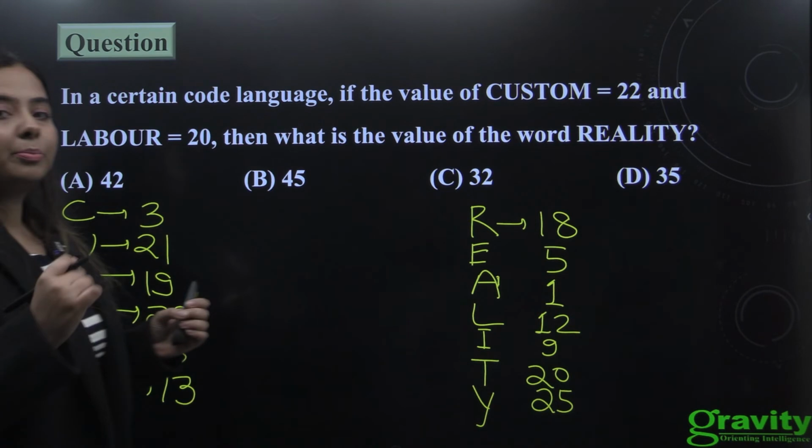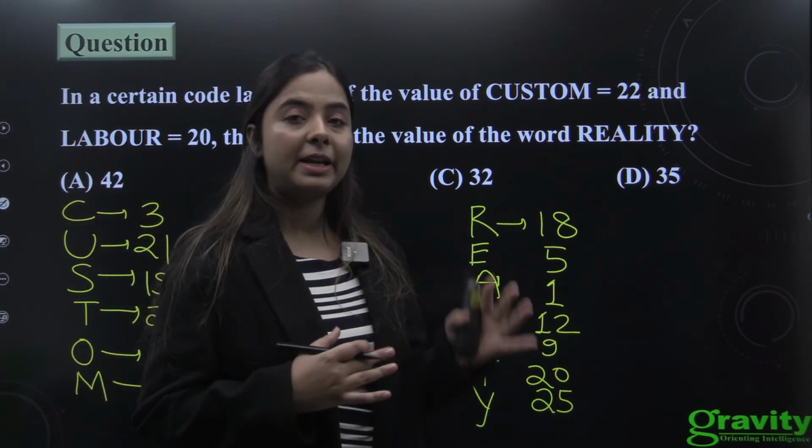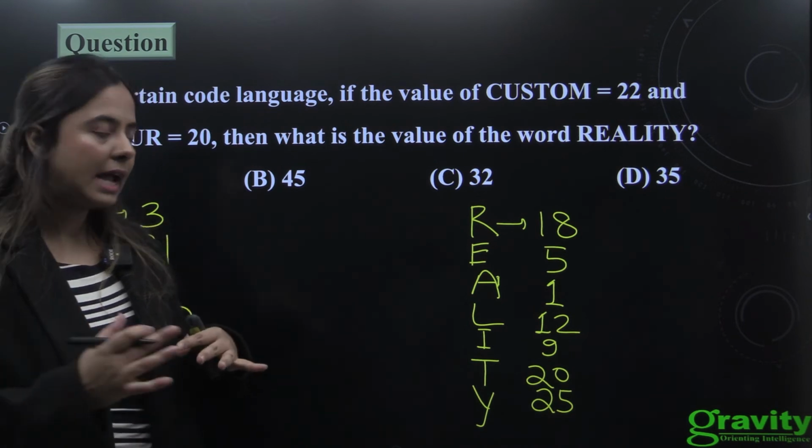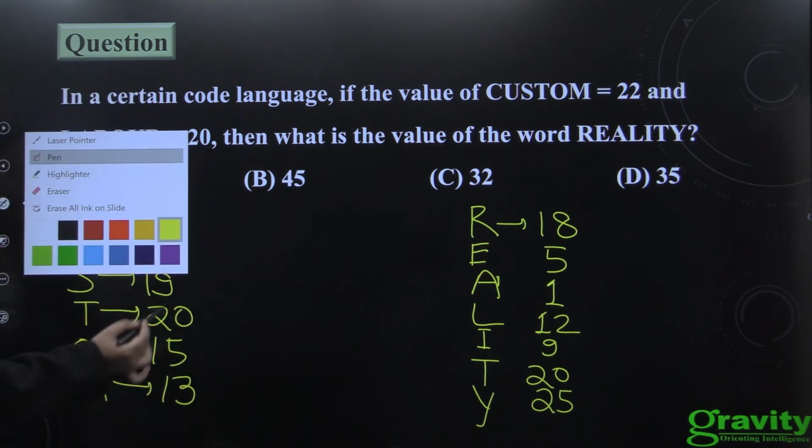So here the product of the digits in the place value of the letters is obtained first and then added.